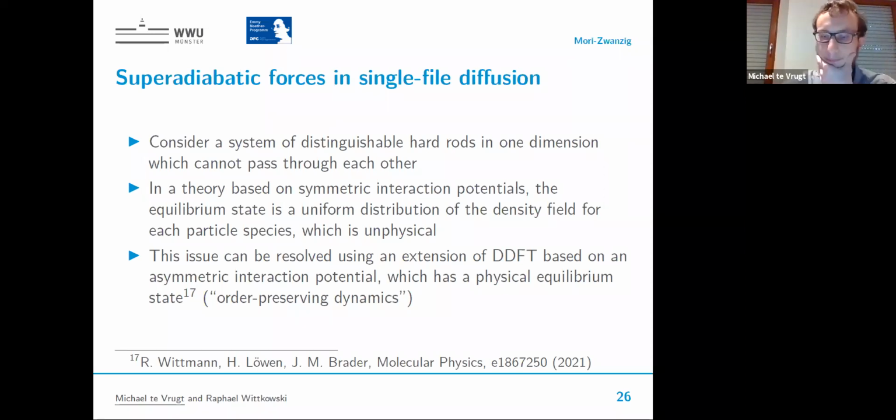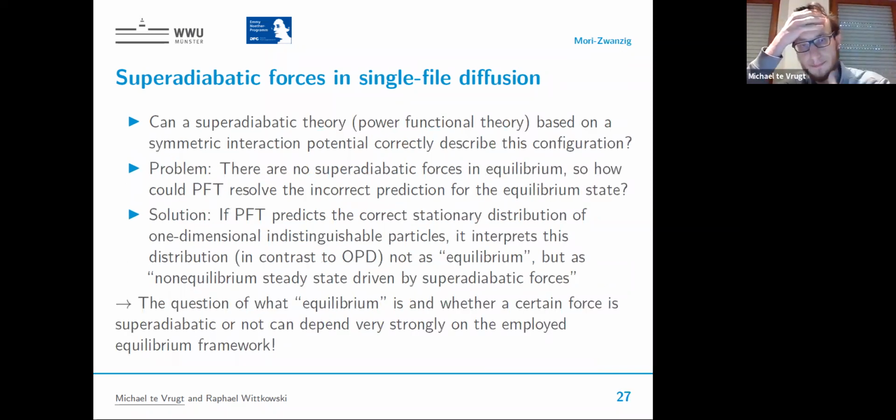And so the thing I've asked myself is, if we start just from symmetric interaction potentials, so standard DDFT, is it possible to describe the system correctly using power functional theory, so superadiabatic theory, provided that we have the exact power functional, of course?